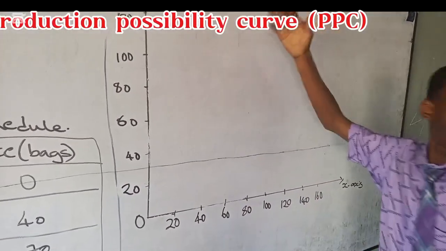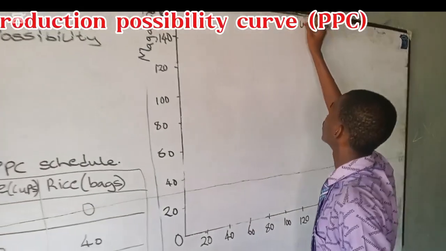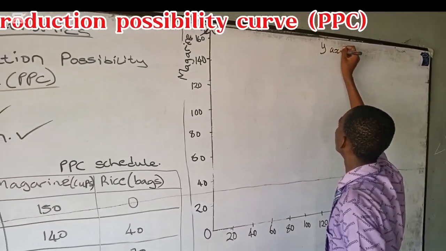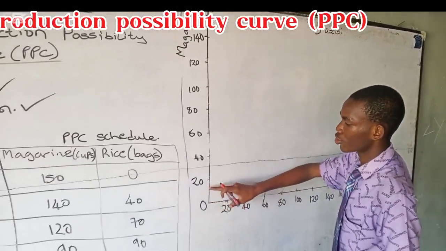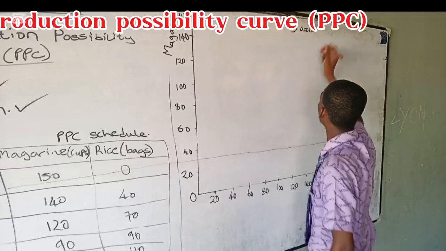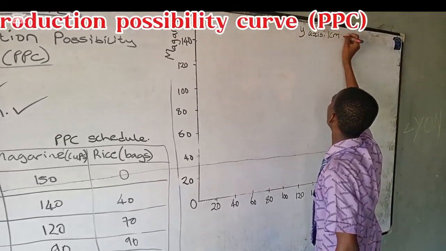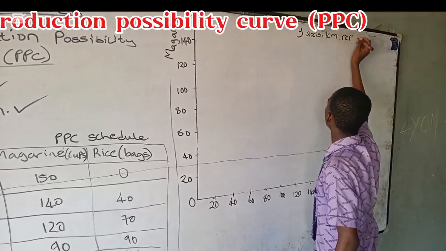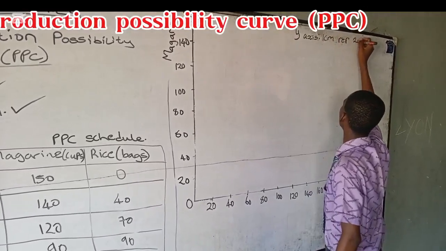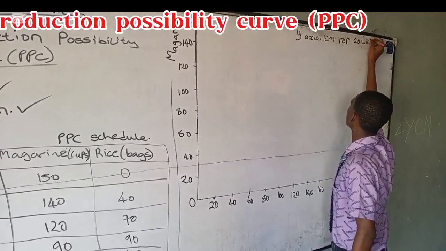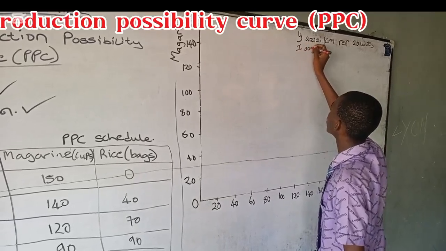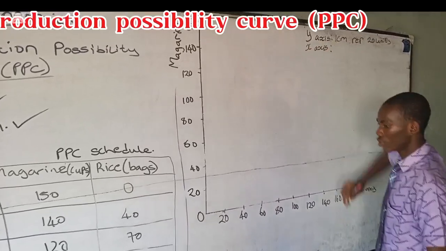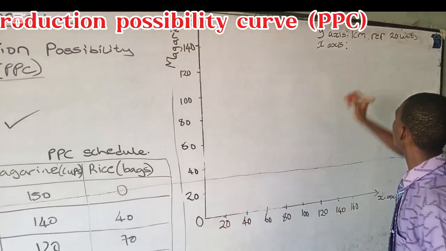This is the graph. On the y-axis, we have 1 cm to represent 20 units. And on the x-axis, 1 cm represents 20 units.